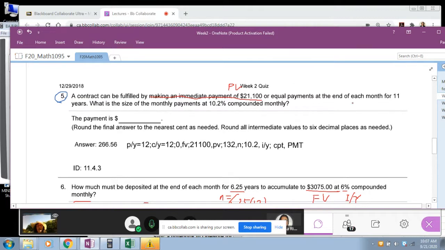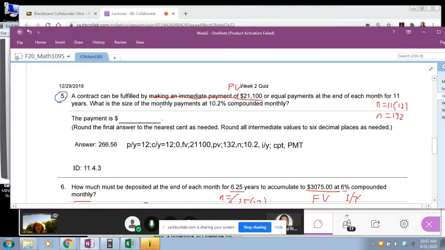At the end of each month for 11 years. So 11 years equal to how many months? 11 times 12. So N equal to 132 months.